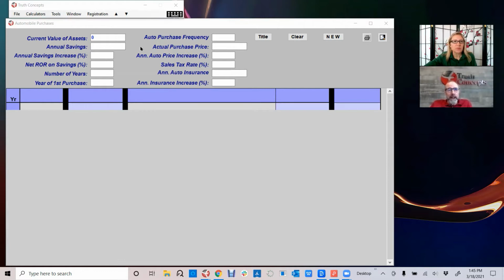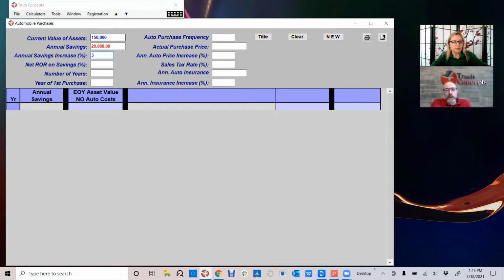So if we put in current value of assets as an example here, let's say that we've got somebody who's a true saver and they've got $150,000 worth of current assets. And they're adding money to those assets at the rate of $20,000 a year. And let's say they're also increasing the amount that they're saving each year to help combat inflation, say at 3%.